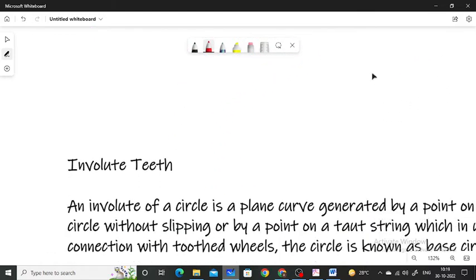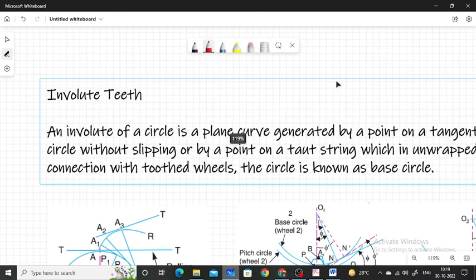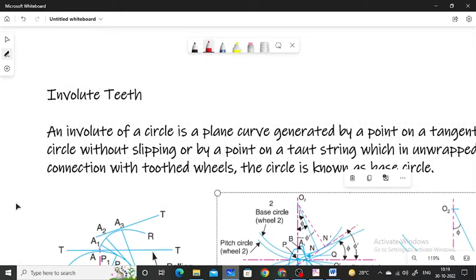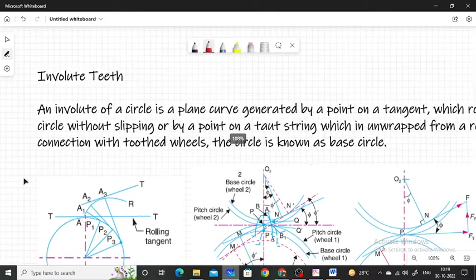Now come to the involute teeth. What is involute teeth?